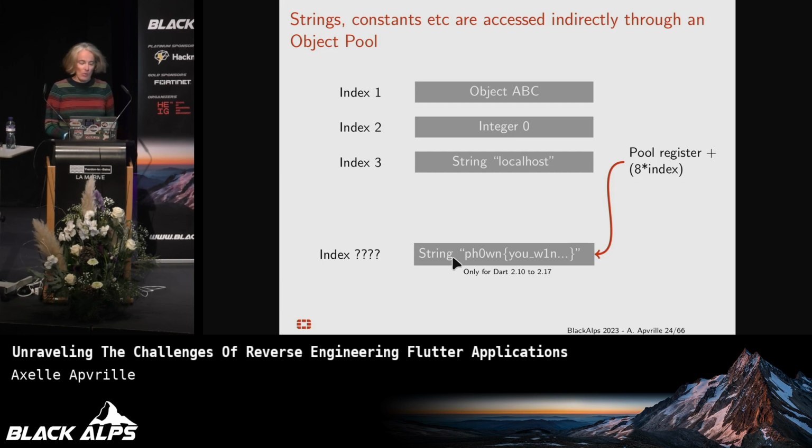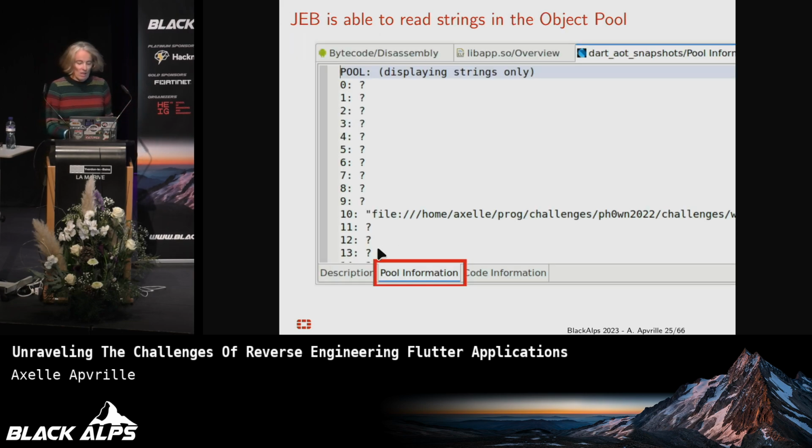So in that object pool, which is just a big table, we've got our stage 1 string at a given index, and if we want to access it, the code has to say, I want to go in the object pool and read index number this one. So now what we have to do is find our stage 1 string in the object pool.